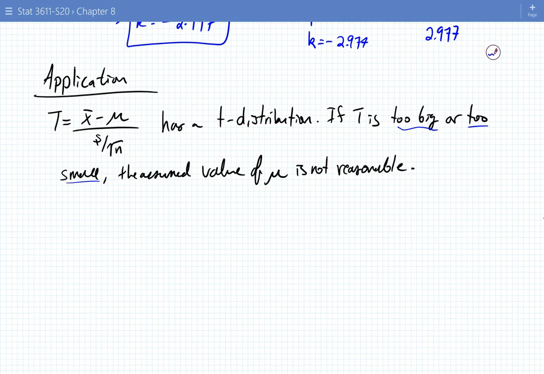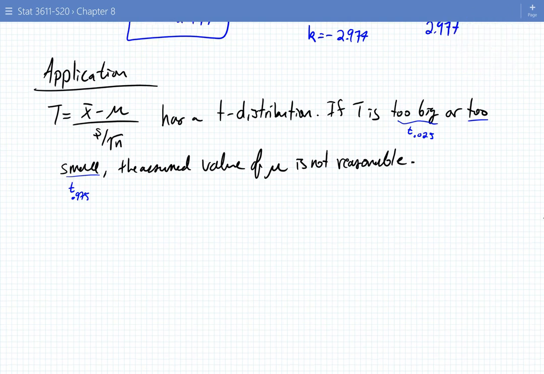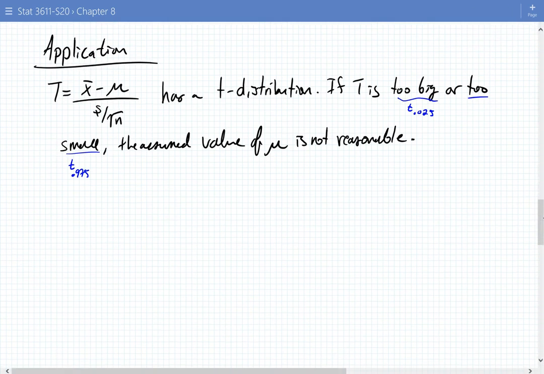So too big would have to be past t of 0.025, and too small would have to be less than t of 0.975. Anything in between would be considered acceptable. So if in doubt, you want to allow 95% in the middle and cut off the two tails of 2.5%. In the example that we're going to do, it is in fact specified.